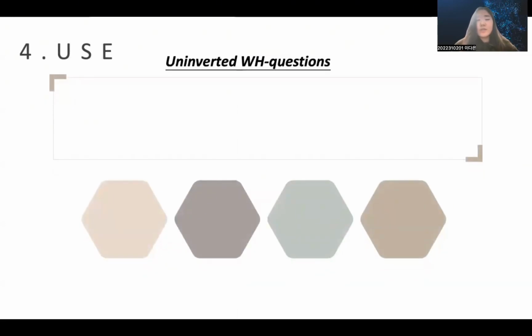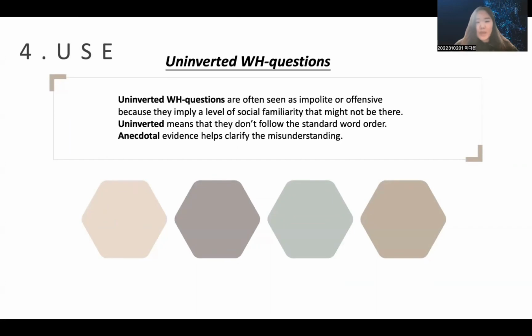Uninverted WH question uses. They are often seen as impolite or offensive because they imply a level of social familiarity that might not be there. Uninverted means that they don't follow the standard word order.